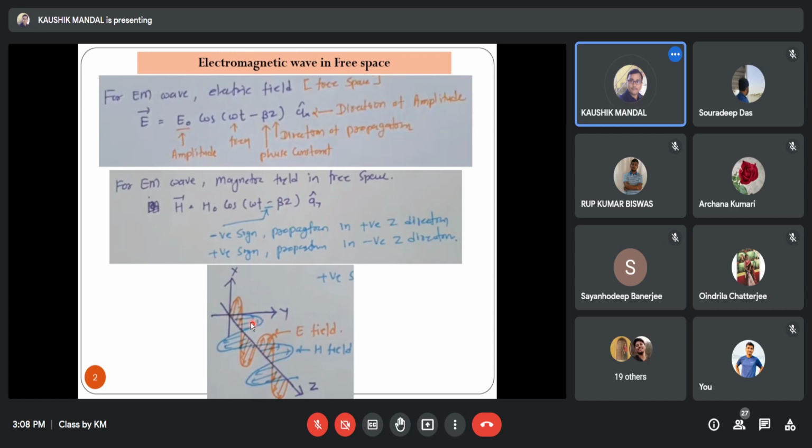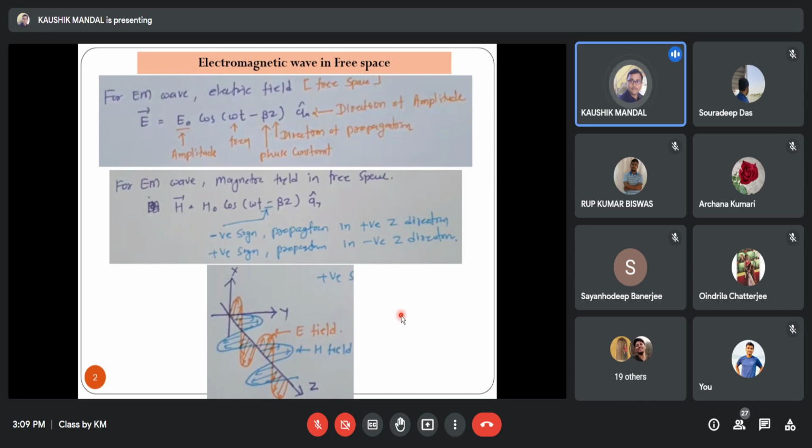So you see this blue plot, it represents the magnetic field along the y-axis. The electric field and magnetic field are perpendicular to each other and they are propagating in the positive z direction. That is the situation when we are considering electromagnetic wave propagation in free space.